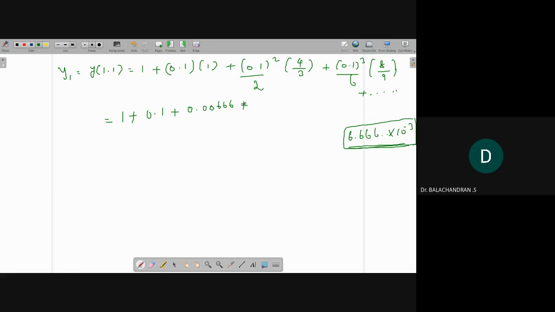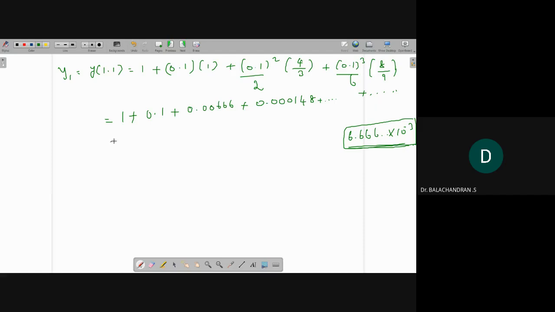Next, 0.1 whole cube divided by 6 into 8 by 9. 0.00148. Yeah, sir. Okay, thank you. Plus and so on. So this is a Taylor series. This is the infinite series. So you should put plus dot dot dot.